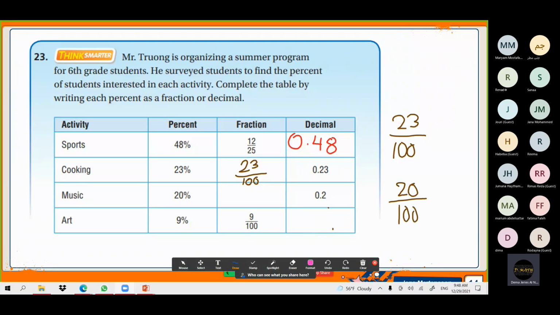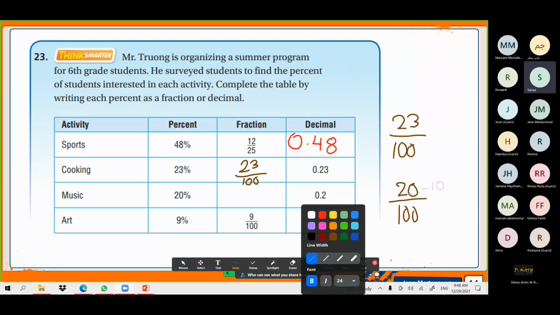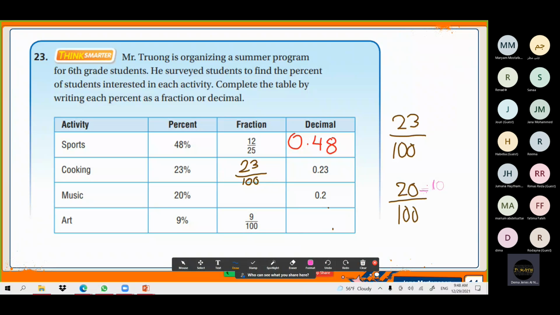Let's divide by 10. 20 divided by 10 is 2. 100 divided by 10 is 10.